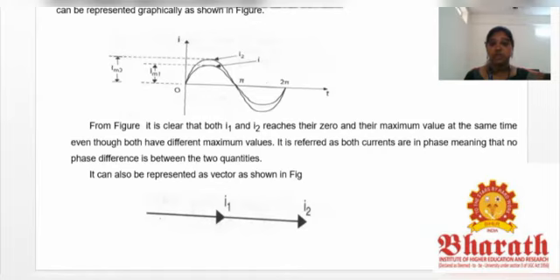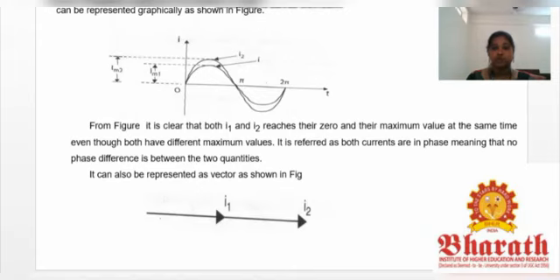And at the same time they reach the maximum value also. The maximum value of I1 and the maximum value of I2 are attained at the same time, but the values of the maxima are differing. That is, the maximum is attained at the same time, but its value differs for the two current waveforms I1 and I2.